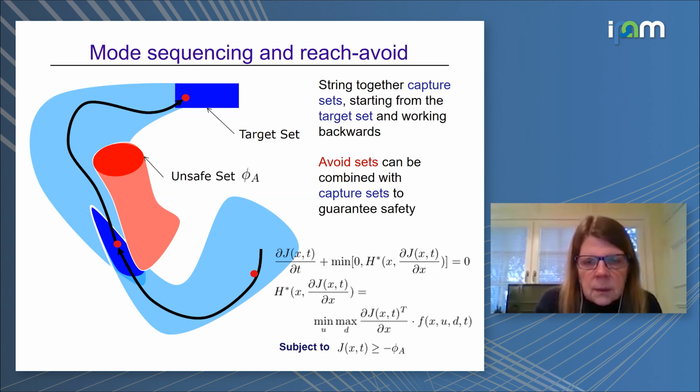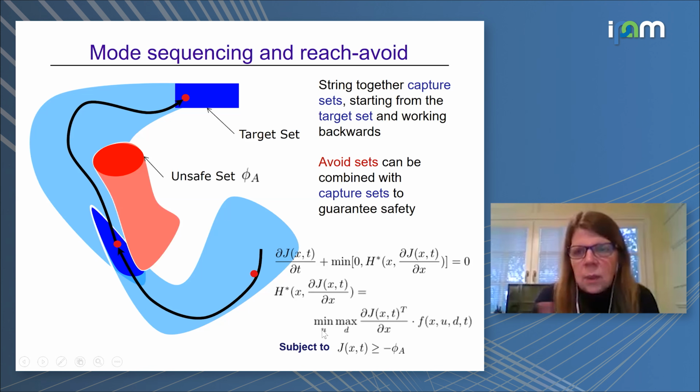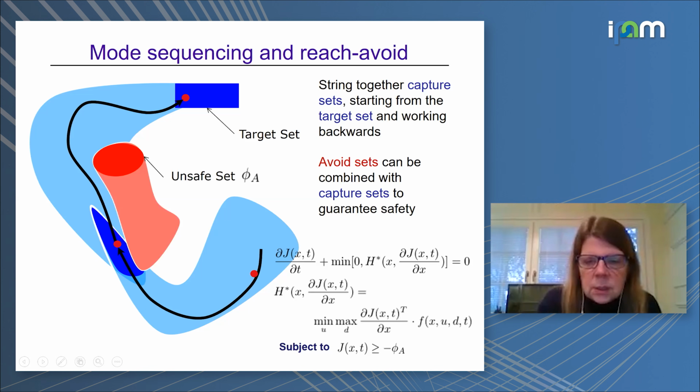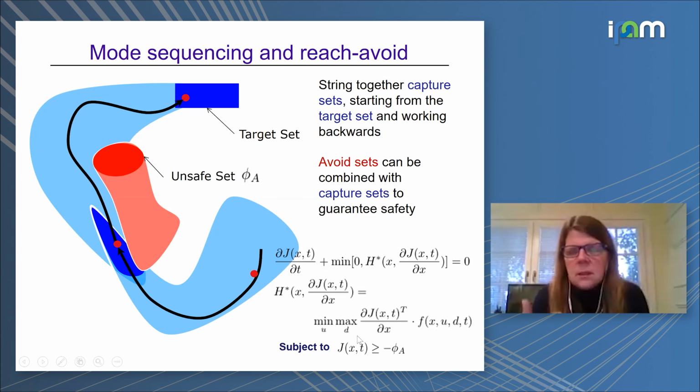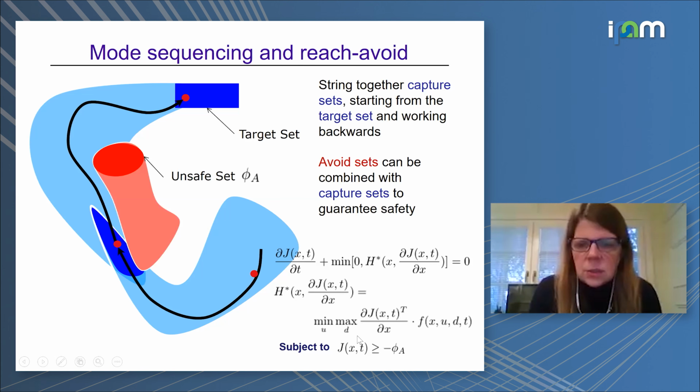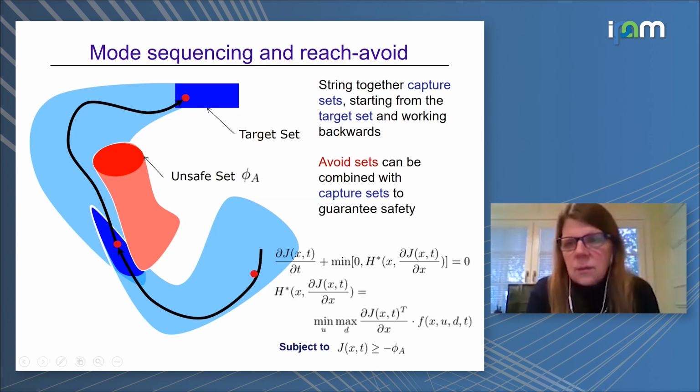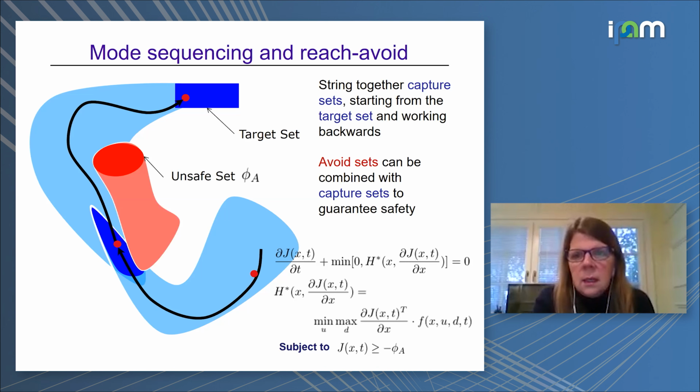And the nice thing is that if one uses this level set formulation, the computation of masking out one set from another set becomes very easy, because that operation is just represented as a variational inequality in the Hamilton-Jacobi computation.